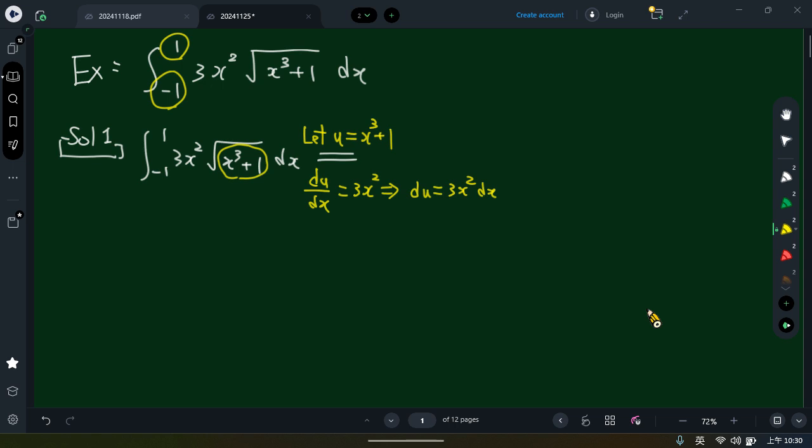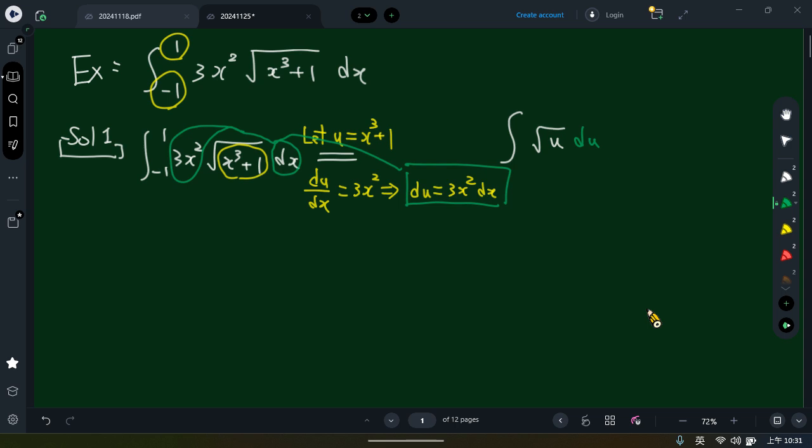So we can use this to replace here, right? To replace, we can use this to replace here, right? So the form will become integral square root of u then du, right? But this is just for indefinite integral.